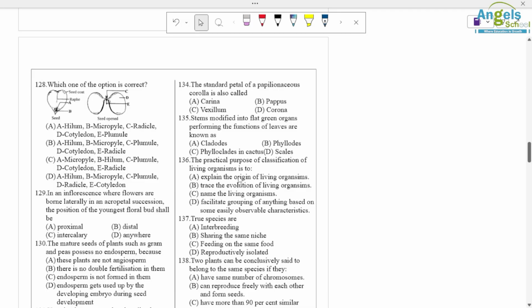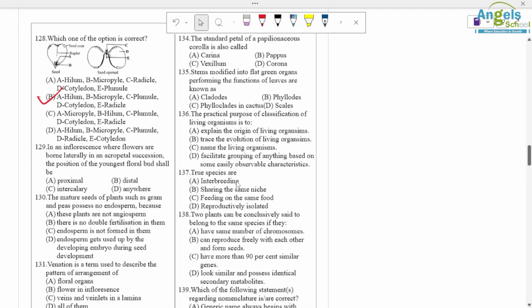Okay, identify A, B, C, D, E. So A is hilum and B is micropyle. Then C is plumule, D is cotyledon and E is radicle. Okay, so B option is correct.